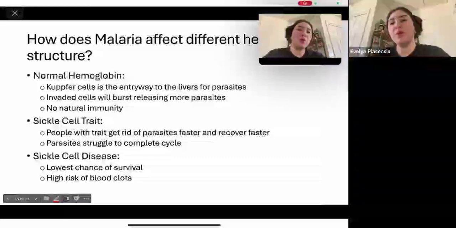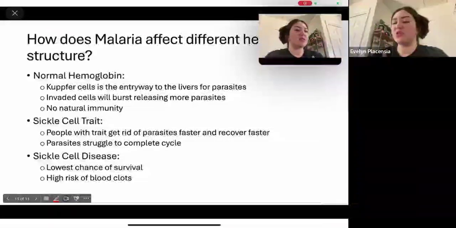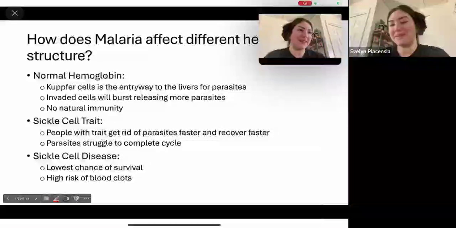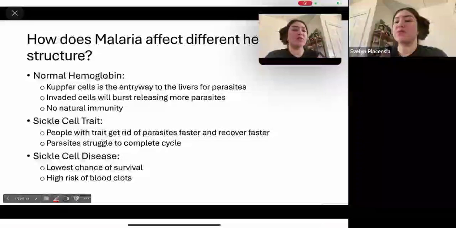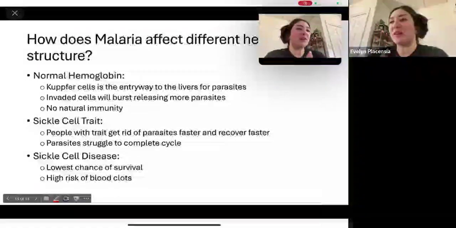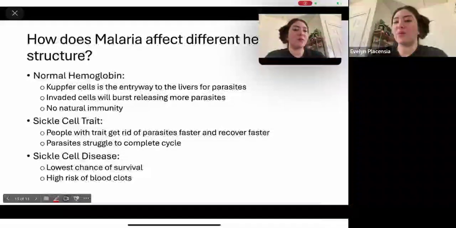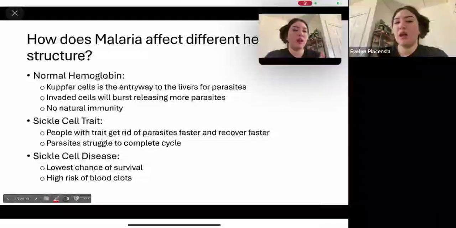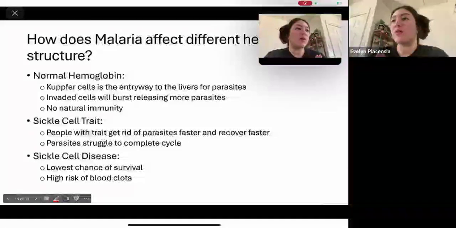So you would think having both recessive genes provides protection, but it does not. It's actually been studied that those with sickle cell anemia have the lowest chances of survival, while those with the trait have the highest. And this is because malaria can trigger a sickle cell crisis.